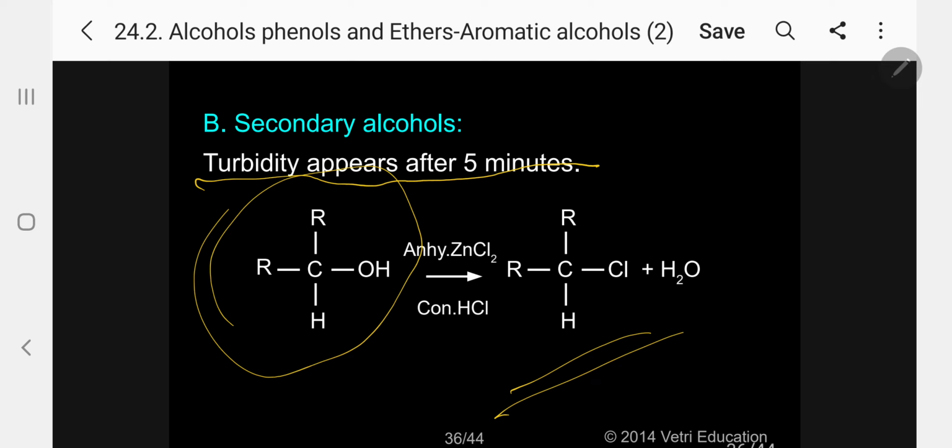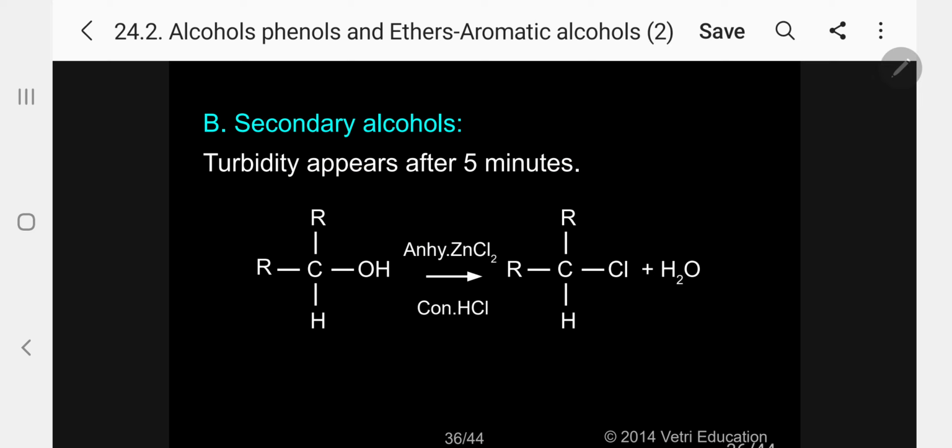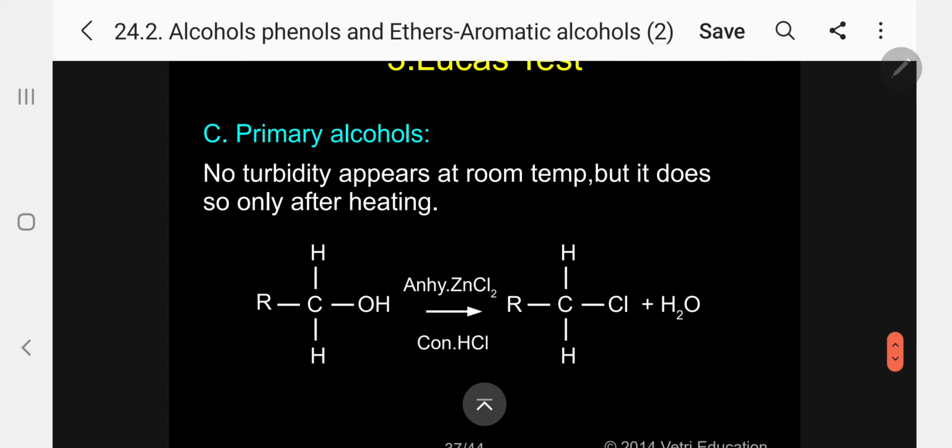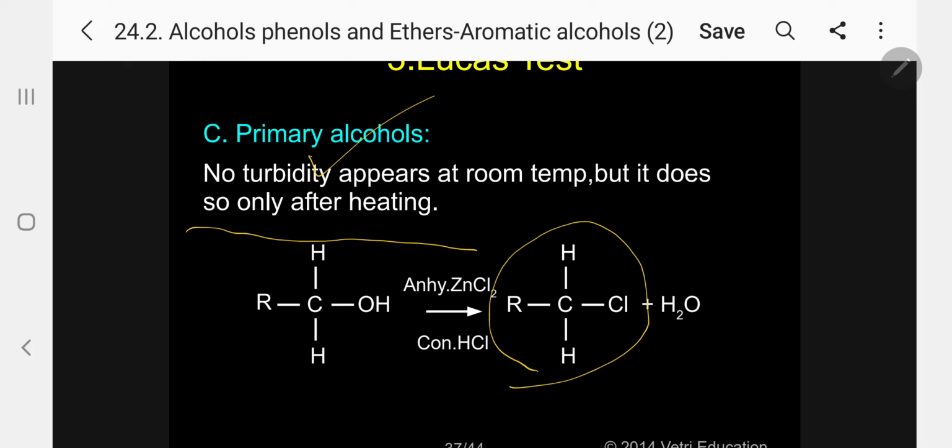Then if it is primary, no turbidity appears at all at room temperature, but it does so only after heating. At normal temperature it will not produce it; only after heating does the substitution reaction occur, because it is less reactive.